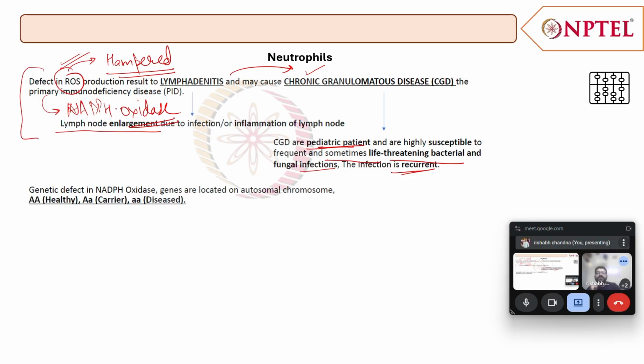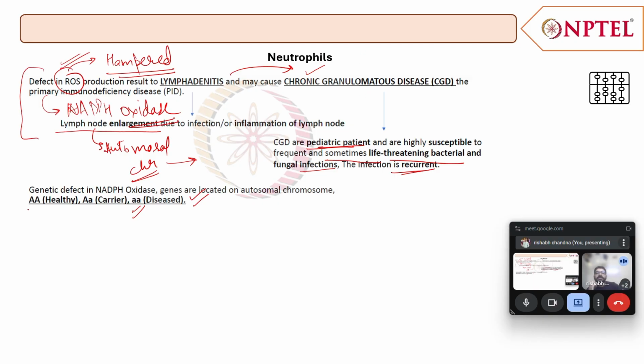Okay, if we look at the genetic predisposition of this NADPH oxidase mutation, it is actually located on an autosomal chromosome. So whenever a child has both recessive alleles of the gene that encodes this enzyme, the child will have the disease, that is chronic granulomatous disease.